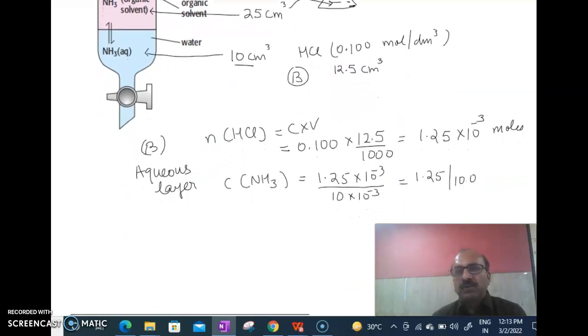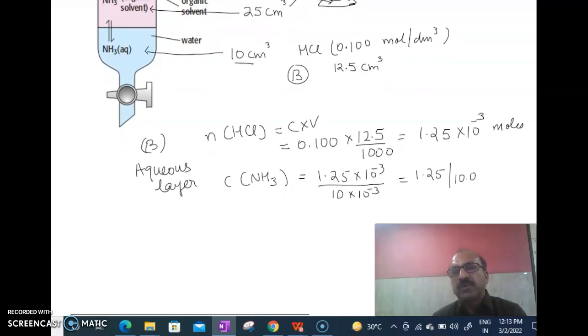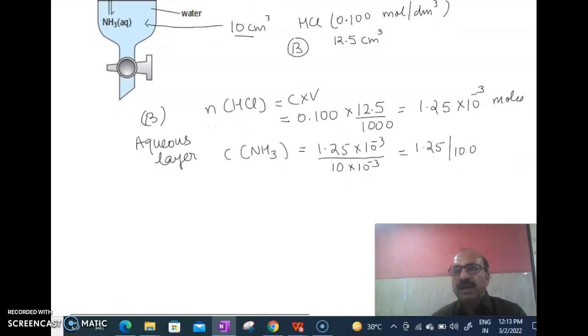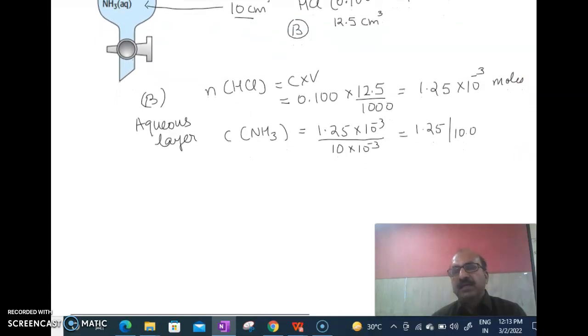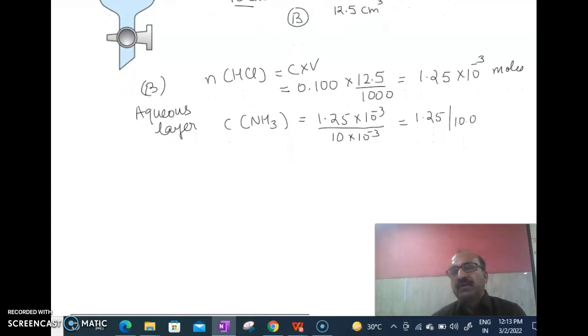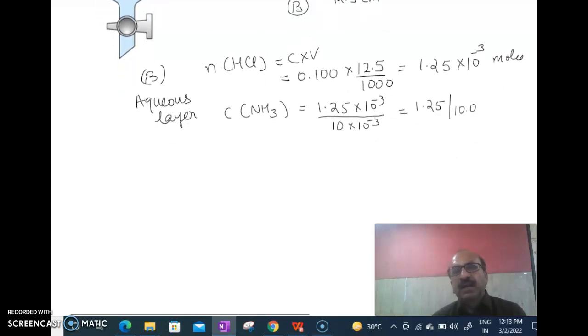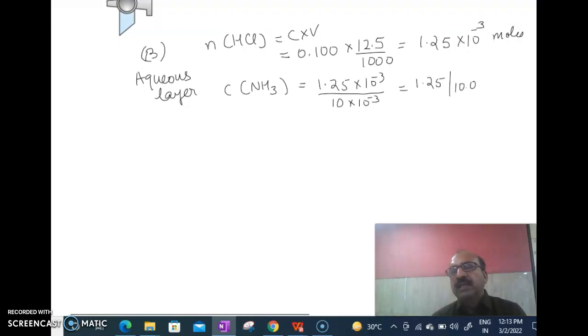The number of moles of ammonia is the same because of the 1:1 ratio, but we need the concentration of ammonia, and we had taken 10 cm cube for this particular titration. So we divide by 10, convert into dm cube, and we get 1.25 divided by 10. That is the concentration of ammonia in the aqueous layer.